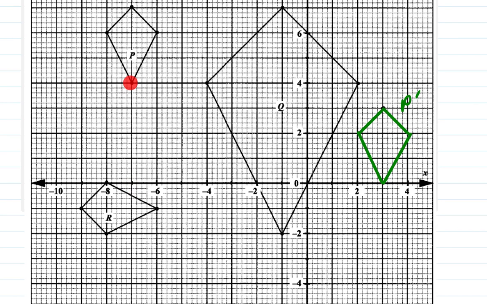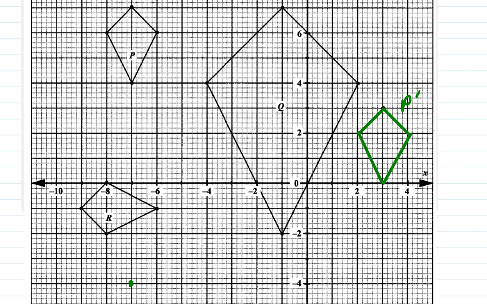So the bottom of the triangle of P is 1, 2, 3, 4 from the line. Now that means it will come 1, 2, 3, 4 units from the line. And as I said, it will turn upside down. So right at the bottom of a triangle, it's going to come right here.